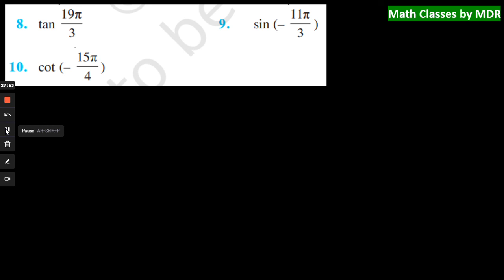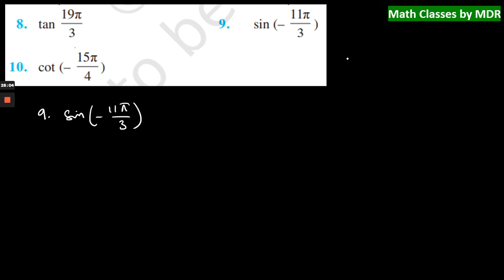Now let's see how to solve the ninth one. So ninth one is sine minus 11 pi by 3. Sine of minus theta is minus sine theta. So I will write it as minus sine 11 pi by 3. Let us see how many 2 pi's are there in 11 pi by 3.